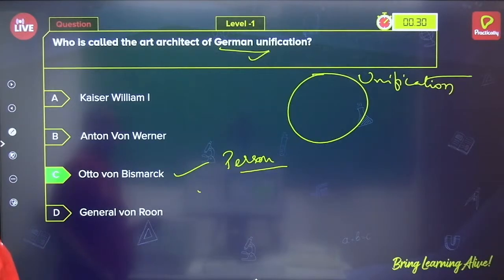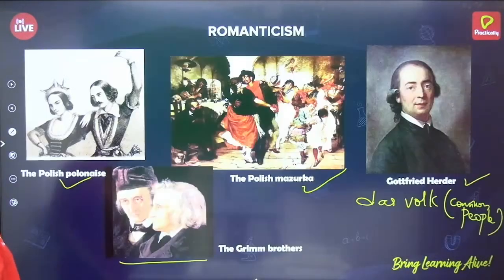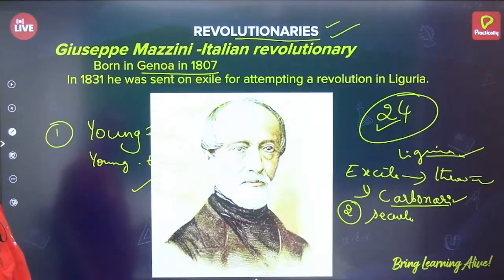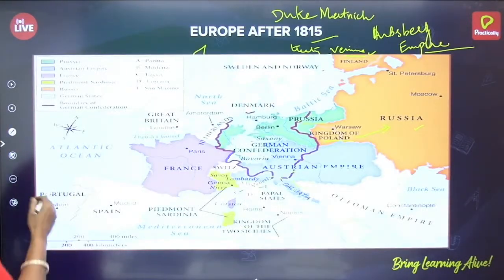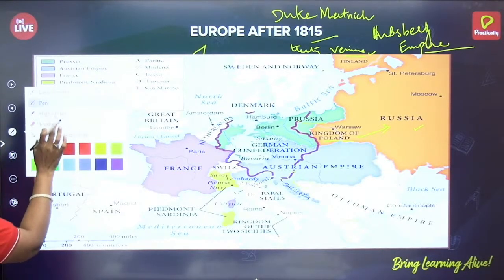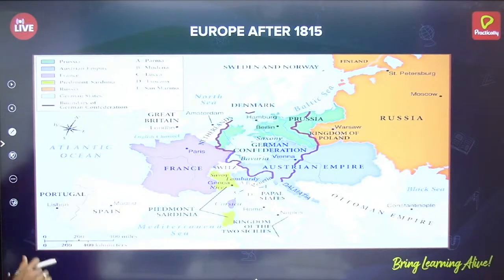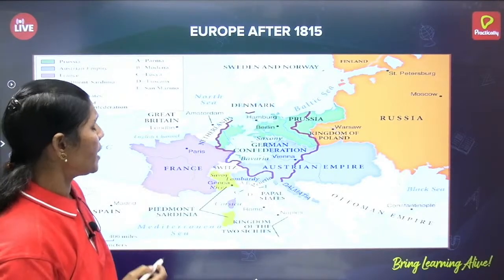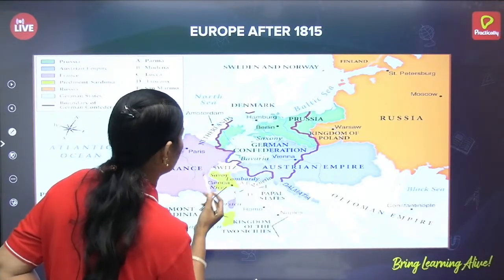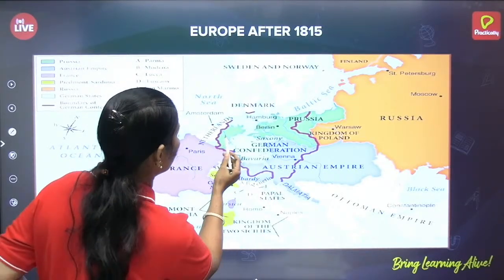Then we can use this map. See, now this is the Prussian territory, the green one.